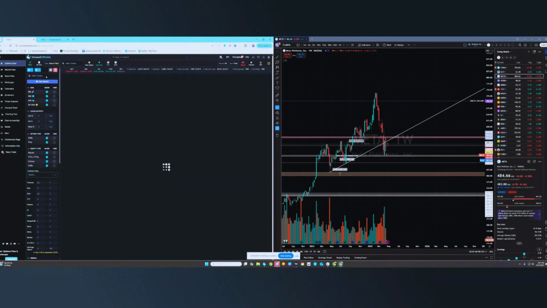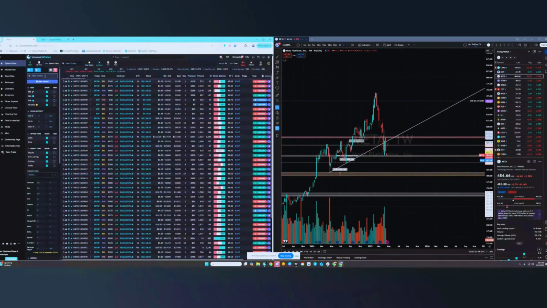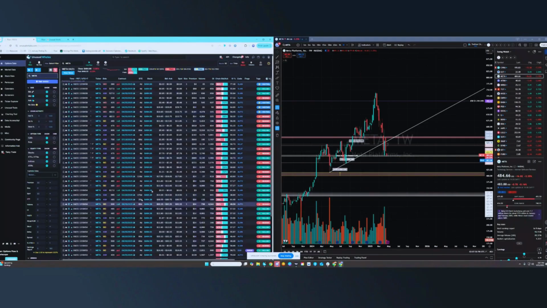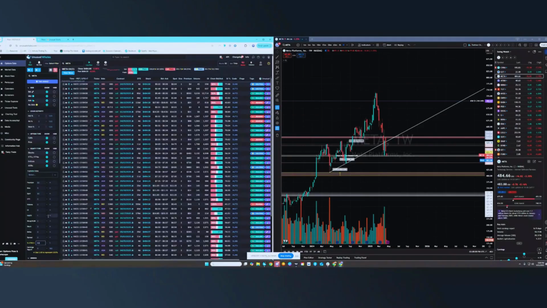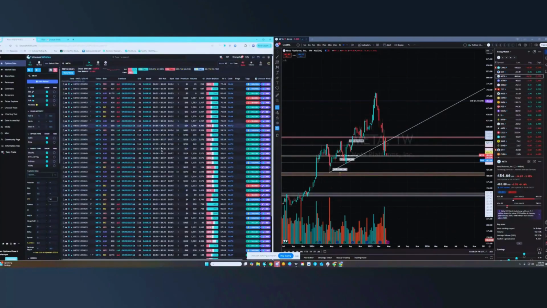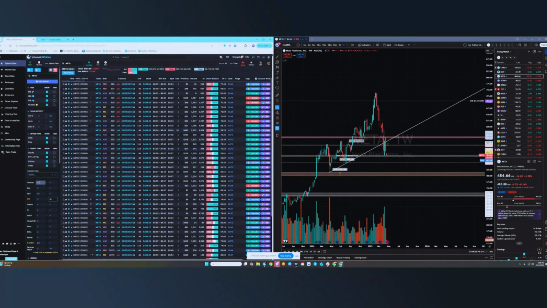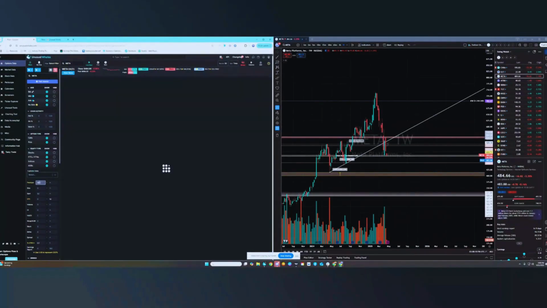So I'll come over here. We'll reset everything, go to our base here, go to Meta, and see if we can find anything interesting. We'll go 10% out of the money, and out to 14 DTE, because that's what we want to look for. Let me change premiums as well.